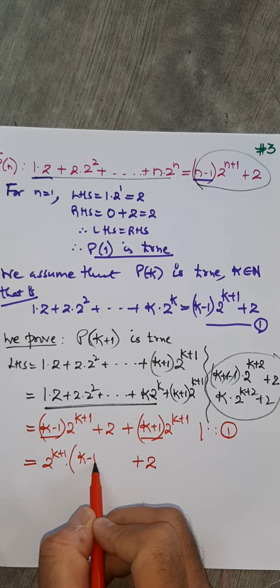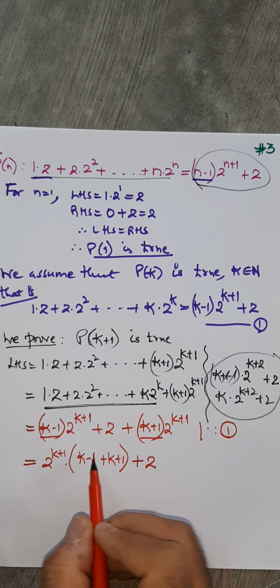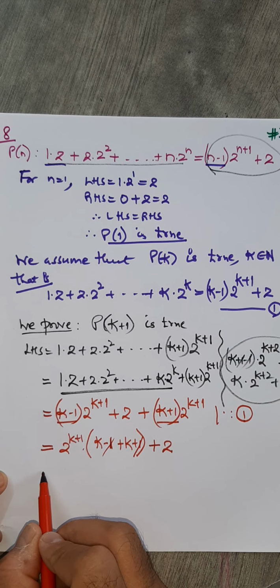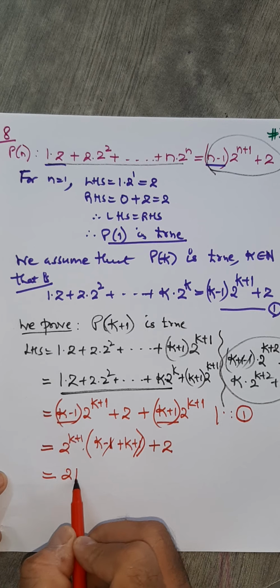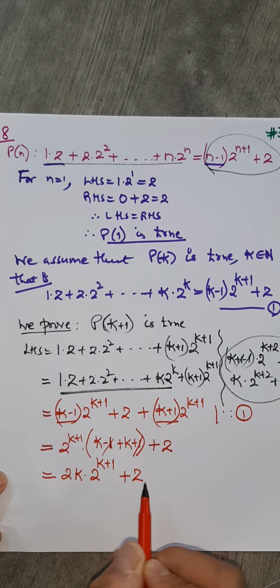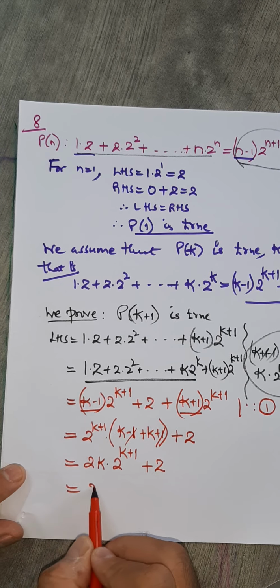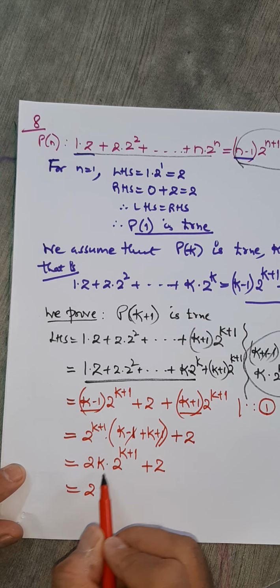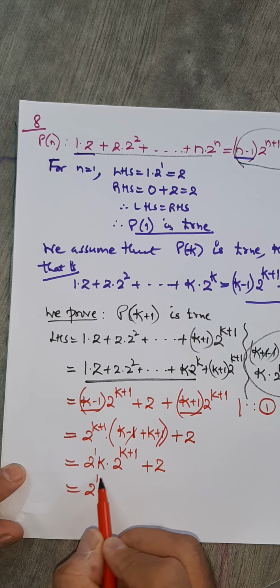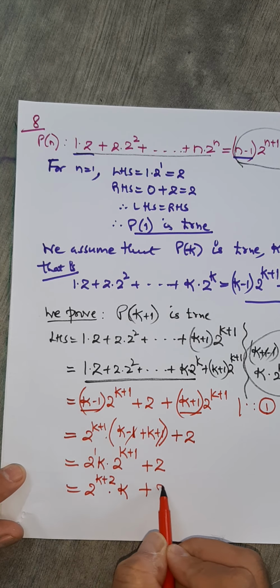So here you will get the k minus 1 plus k plus 1, plus 2 as it is. This 1 will go away. This would be just 2k. So 2k into 2 raised to k plus 1, plus 2. So this would be here 2 into, this is k plus 1 and 1 power from here. So k into 2 raised to k plus 2, plus 2.